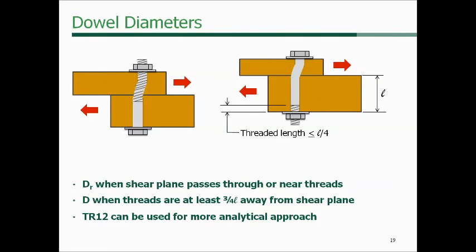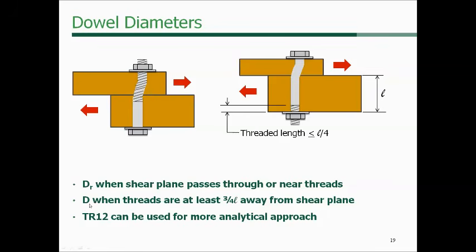So when we talk then about the diameter of the dowels, when we have threaded dowels, there is obviously a difference between the shank diameter and the root or threaded diameter of a lot of fasteners. And so what we assume also in chapter 12 is that we're going to use the root diameter or the thread diameter when the shear plane passes through or near the threads, like the drawing shown here on the left.